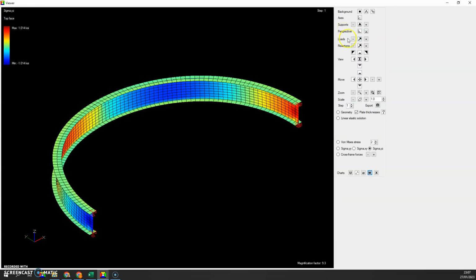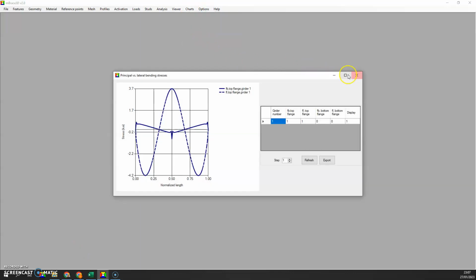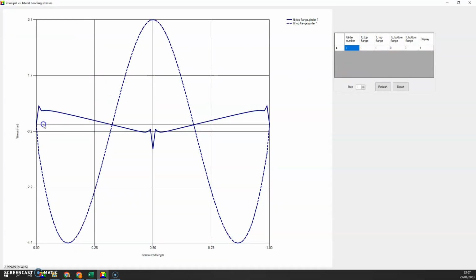Something else that we can look at is another type of graph, which is the principal versus the lateral bending stress. And again, we can see here that the principal bending stress is much lower than the lateral bending stress. This is because of the extremely tight curvature of the beam.